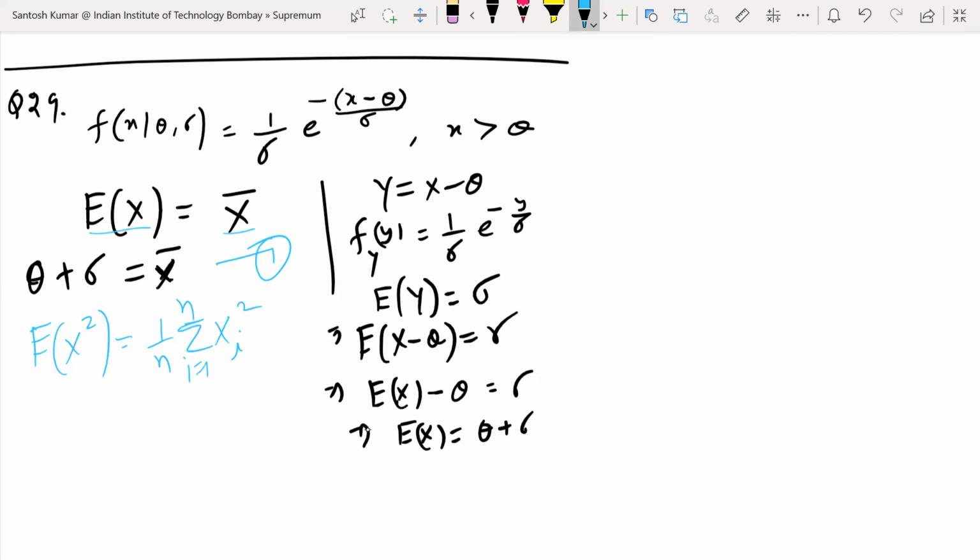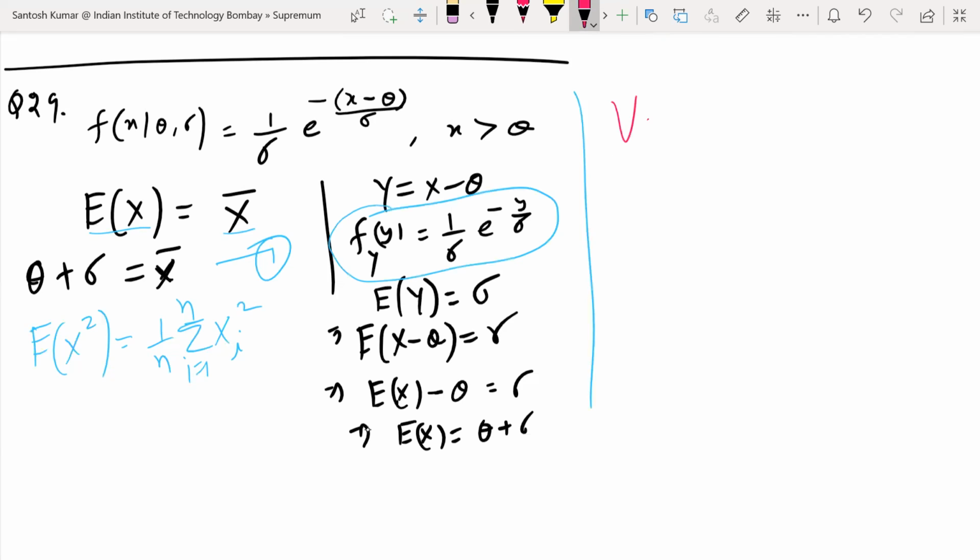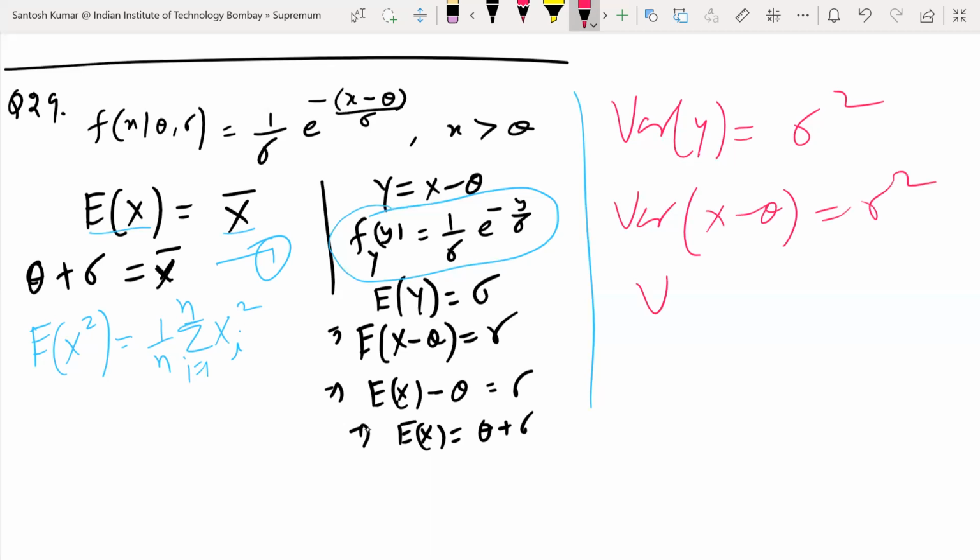Now I need to find E of x square. When y is equal to x minus theta, y is exponential, and exponential has mean sigma and variance sigma square. So the variance of y is sigma square. Since y is x minus theta, the variance of x is sigma square, because theta is a parameter, not a random variable, so its variance is 0.